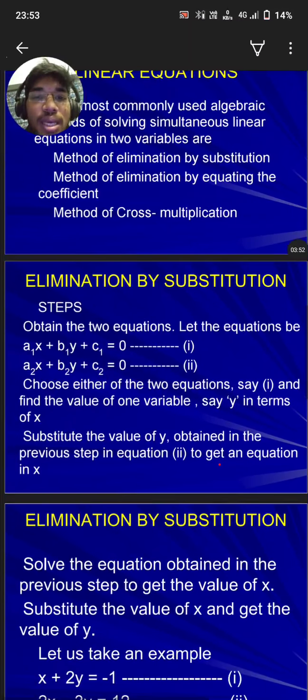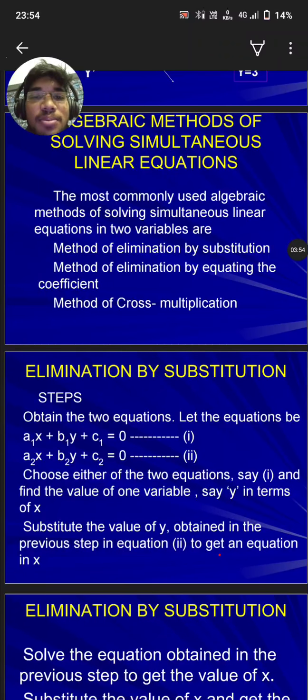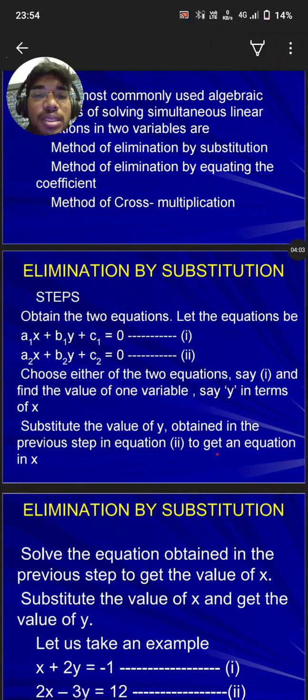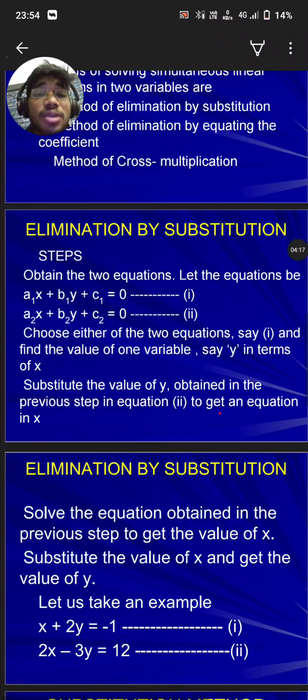Here we can see three solving methods: elimination by substitution, elimination by equating the coefficients, and cross multiplication. Of these three methods, we give priority to the third because it is somewhat easy and much faster compared to the other two.